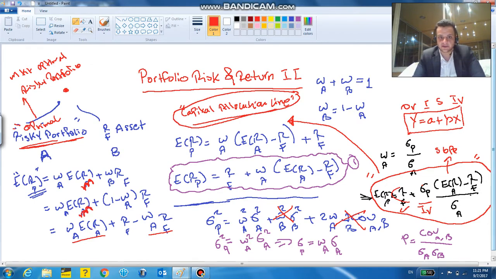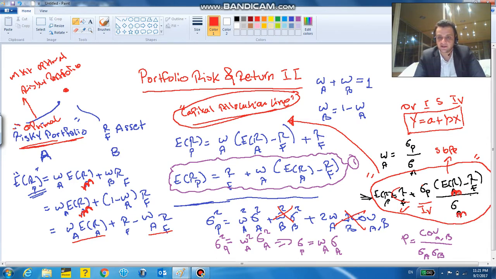And if you carry on and do these calculations, what you get finally is expected return on the market minus risk-free divided by sigma m.